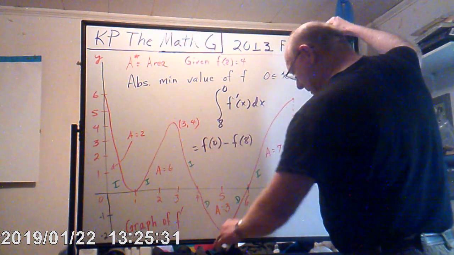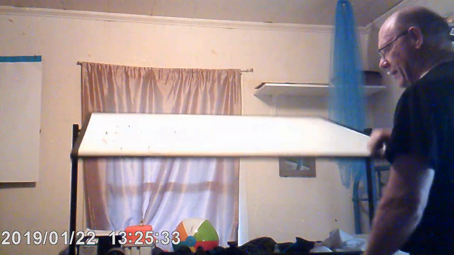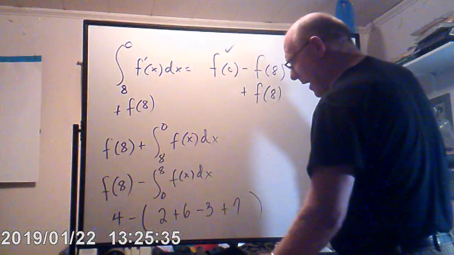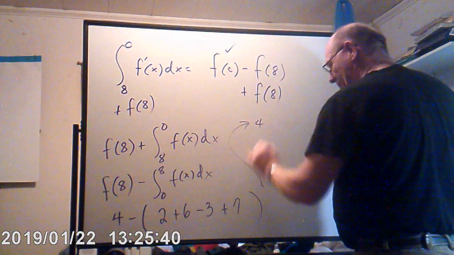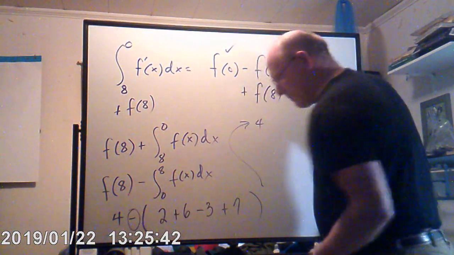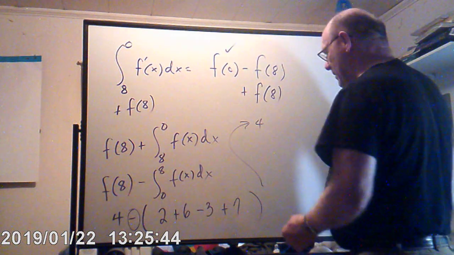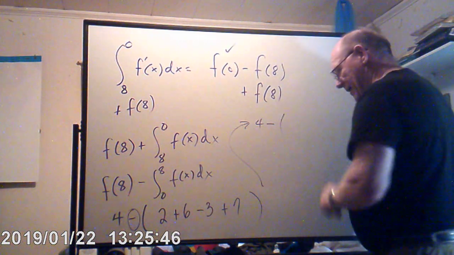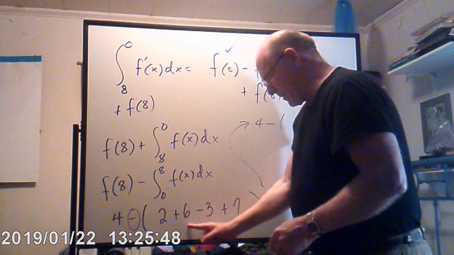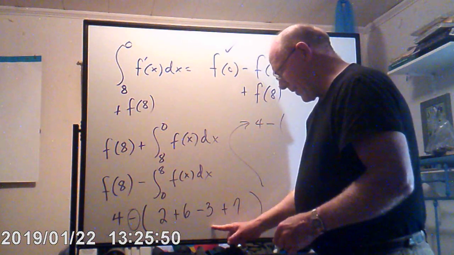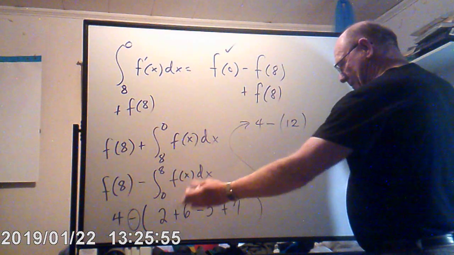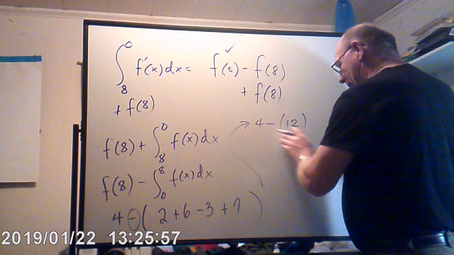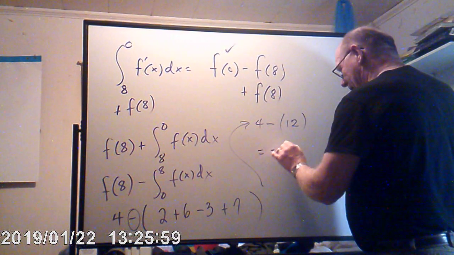All of these are positives, but now remember, we're negating this because we are working backwards. So this is equal to, and we already negated it because we just flipped the sign over, 4 minus, okay, now 2 plus 6 is 8, 8 minus 3 is 5, 5 plus 7 is 12, so 4 minus 12 is negative 8.